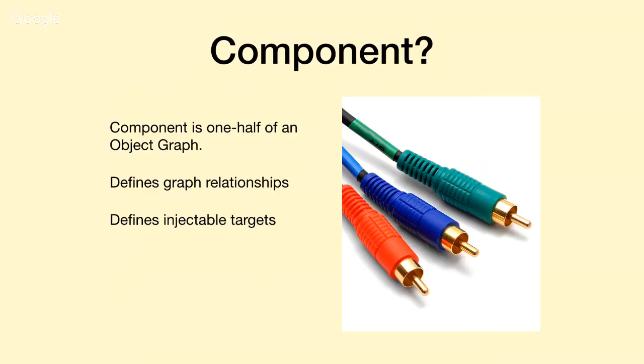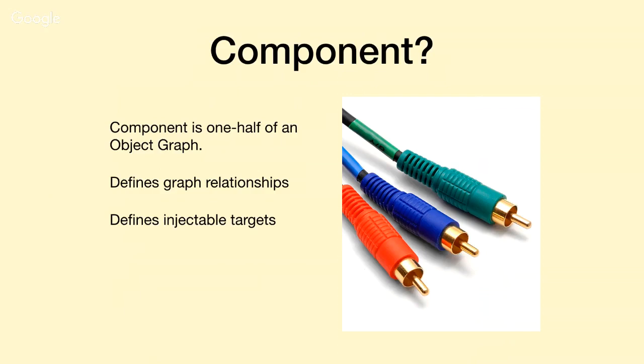So what is a component? That's a picture of component cables and has nothing to do with what a component is. But if we think of like Dagger 1 days, everyone was talking about the object graph. And the object graph being a tree, or a directed acyclic graph, of objects and their relations and dependencies and how to provide them for injection.